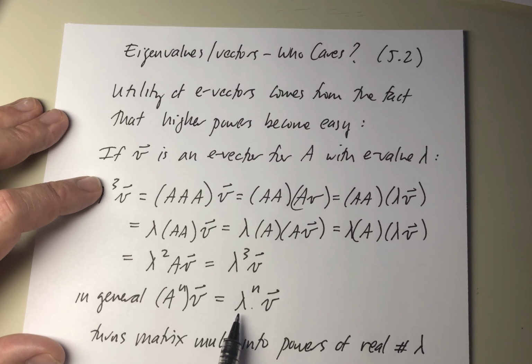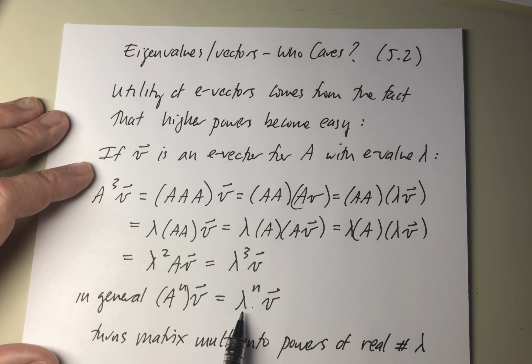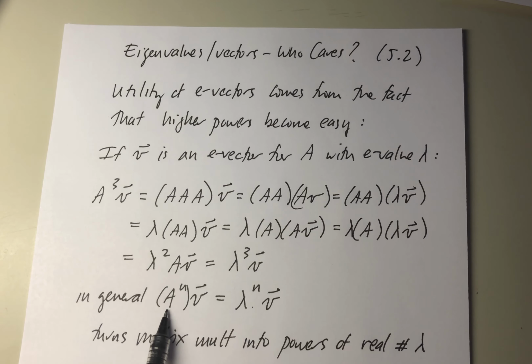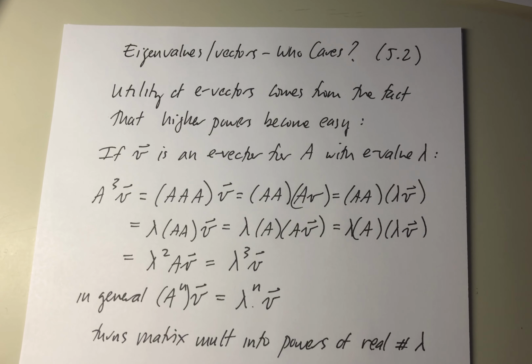I might need a computer or calculator, but it's a quick calculation, whereas A to the n could be very expensive. And when you have many large matrices, that is pretty significant.